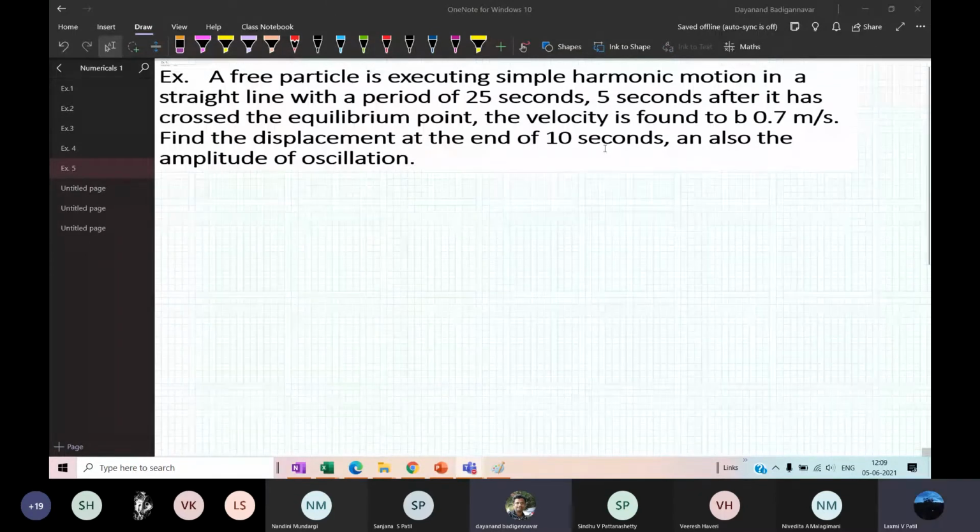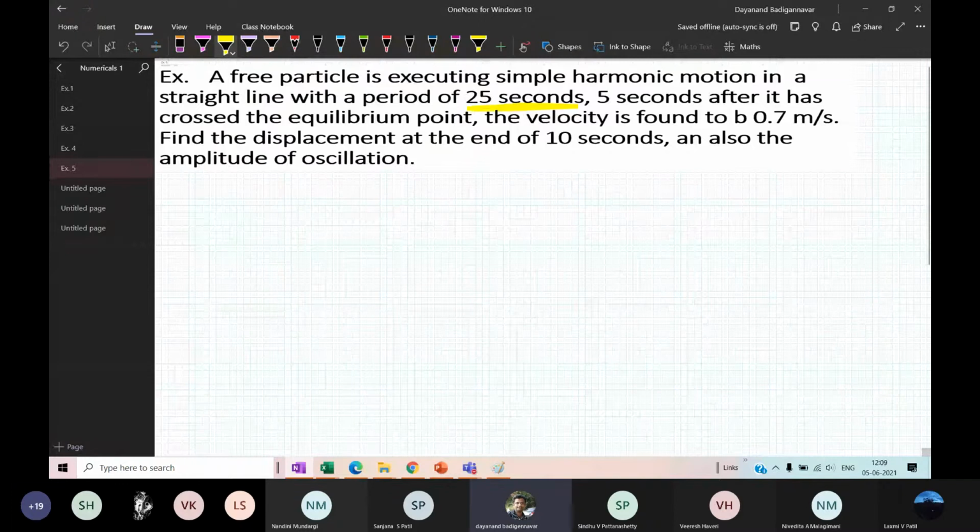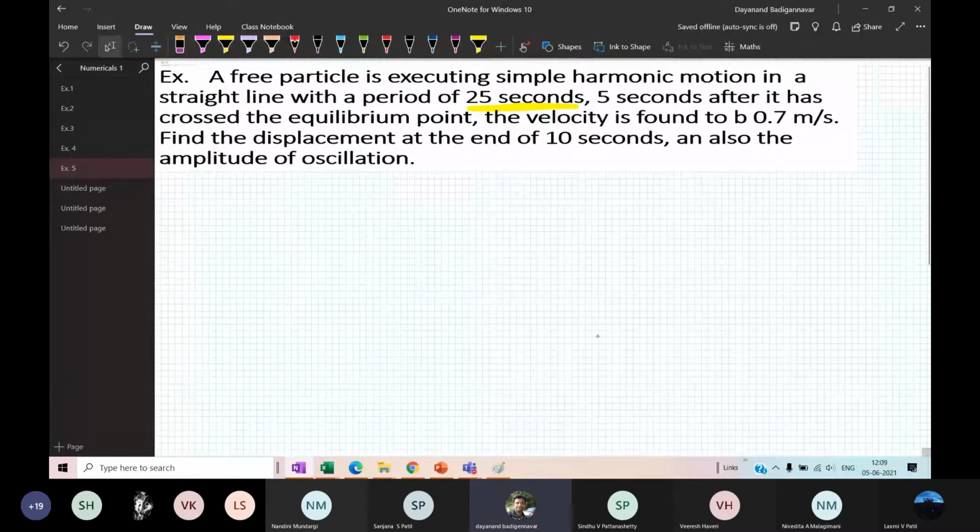Very important problem. I will read it out again. A free particle is executing simple harmonic motion in a straight line with a period of 25 seconds. 5 seconds after it has crossed the equilibrium point, the velocity is found to be 0.7 meters per second.